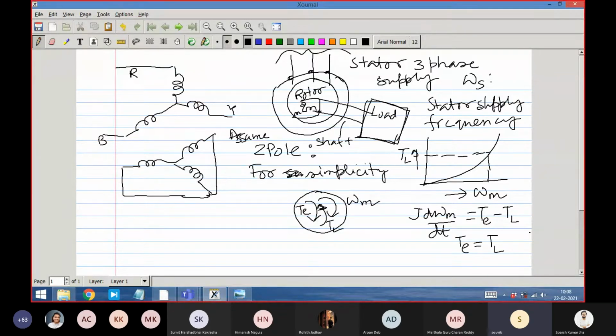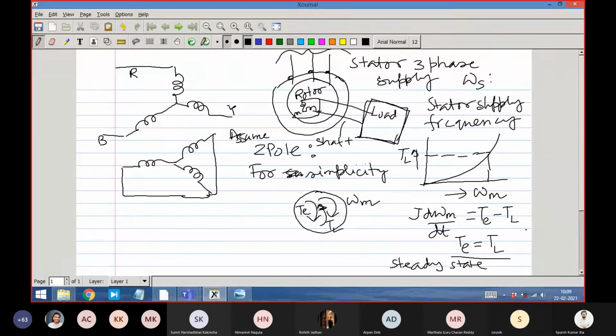It is not that rotation is not happening. Rotation is happening, but the rate of change of that is constant. So that is the steady state. This is what is known as steady state. This will be our final goal.